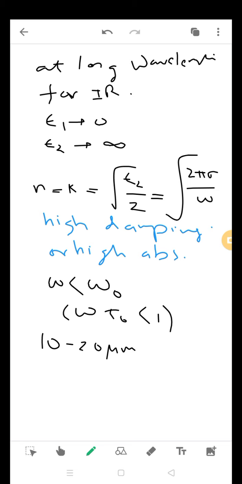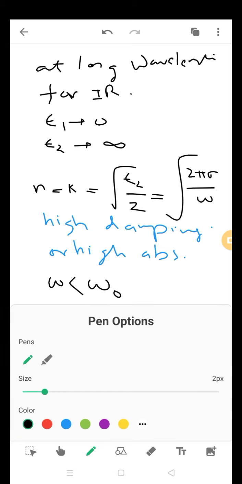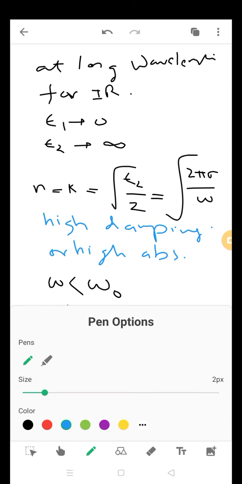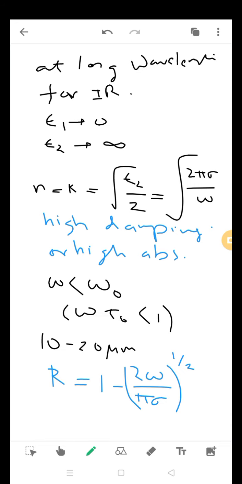The reflectance from a metal surface reduces to R equal to 1 minus 2 omega divided by pi sigma to the power 1 by 2, and this equation is known as the Hagen-Rubens relation.